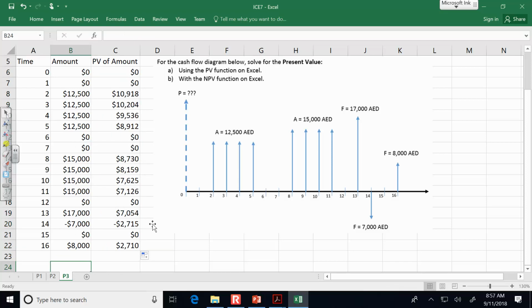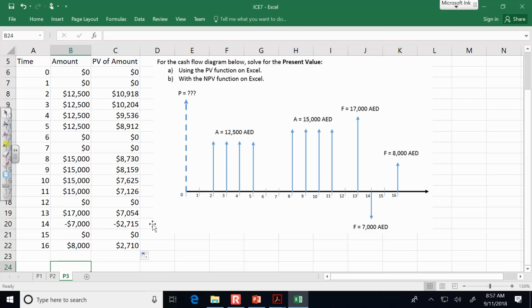Is the trend reasonable? So 12,500 in year 2, if you move it to 0, is equivalent to 10,918. But then this amount in year 3 is worth less than the amount in year 2 was.